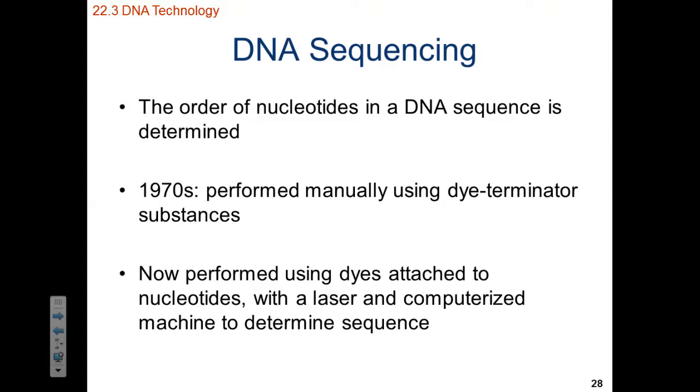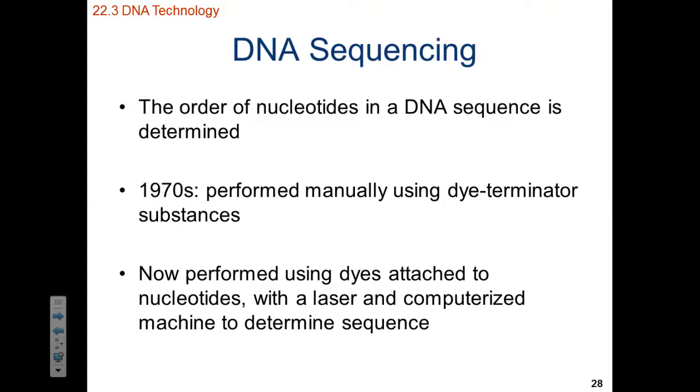And then we would run the genetic fragments through a gel to separate them based on length, and then look at the different colors they were glowing, and then know the order of the genome. It took forever. Now it's much faster.